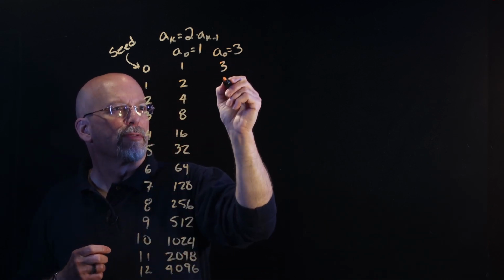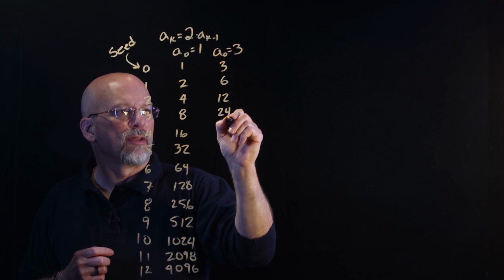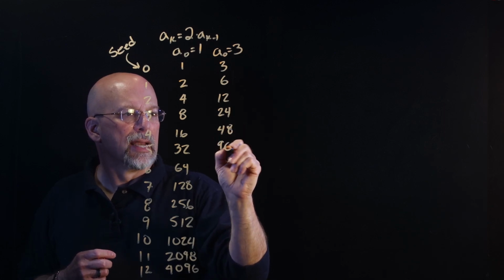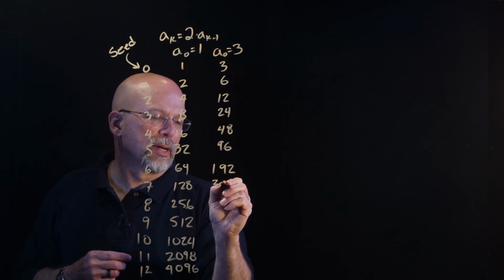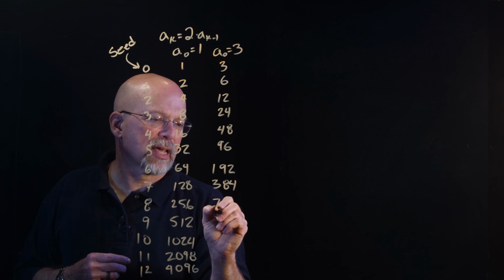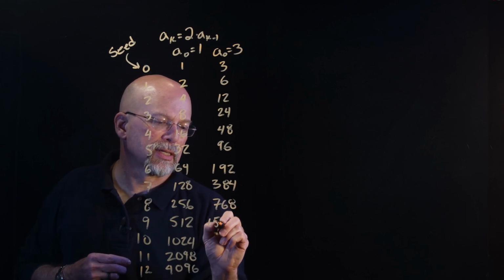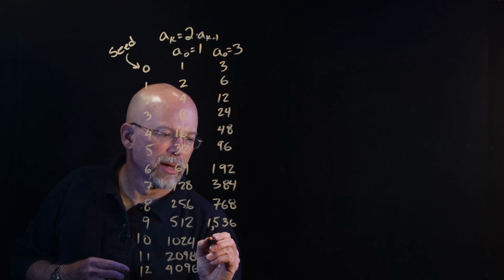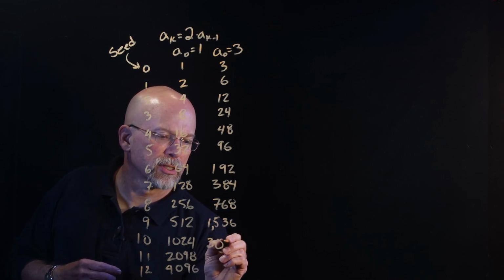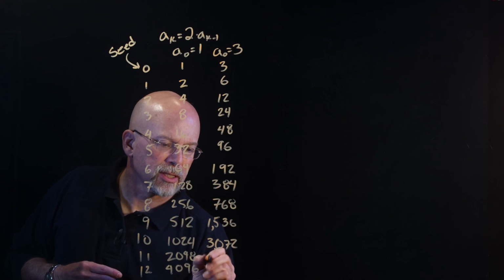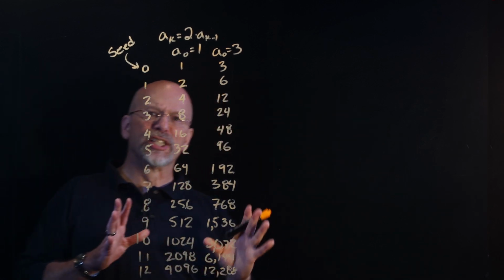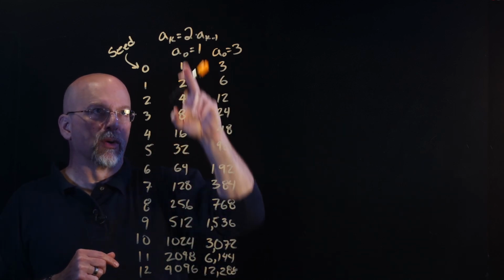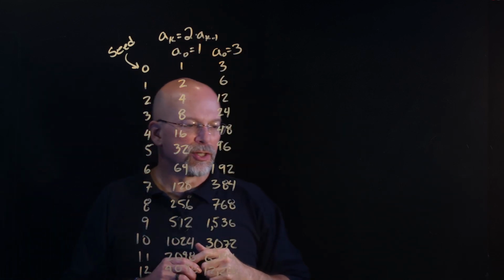So this becomes 3, 6, 12, 24, 48, 96, and then we go to 192, 384, 768, 1536, 3072, 6,144, and then 12,288. All right. Different sequence. Same algorithm though. The only thing we changed was the seed.